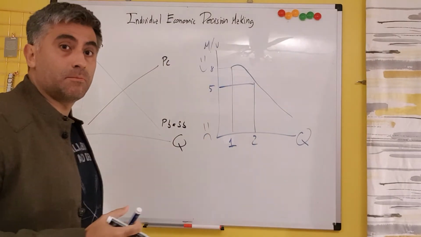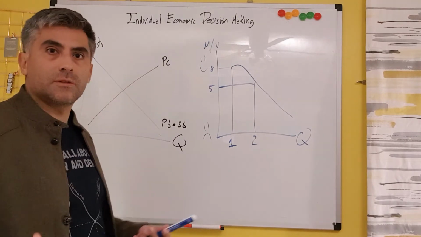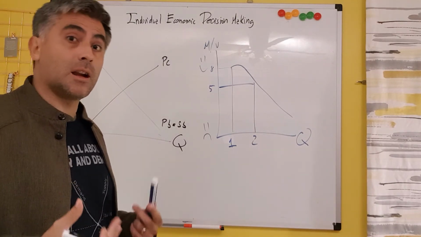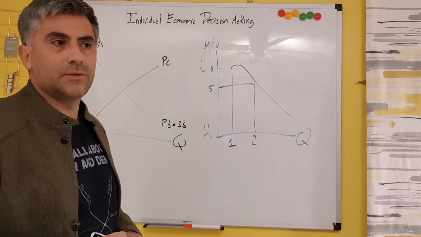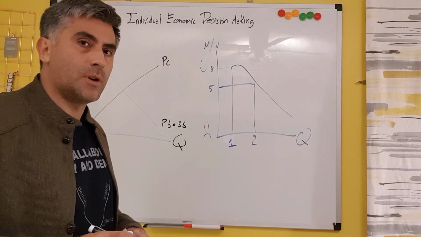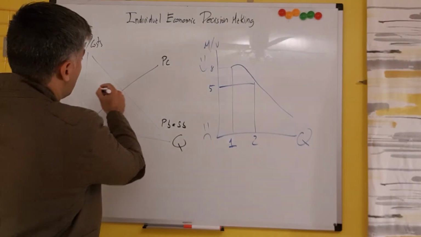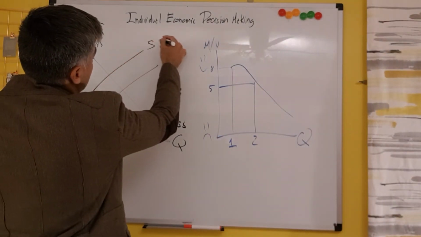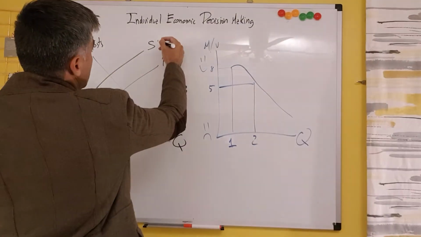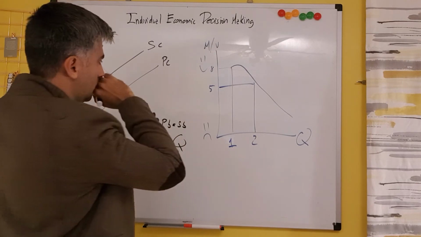So if we think about the production of t-shirts, for example, producing t-shirts has a high carbon footprint. There's certain exploitation in sweatshops in other parts of the world. So the actual cost to society is higher than the private cost that we pay when we buy a t-shirt. So we can put the social cost up there.